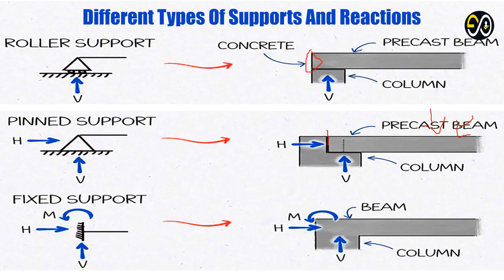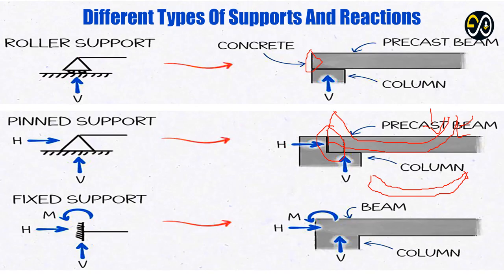So if you remember our moment, when the load is applied, this beam tends to bend like this. This particular portion will move up like this, and then it will bend like this.